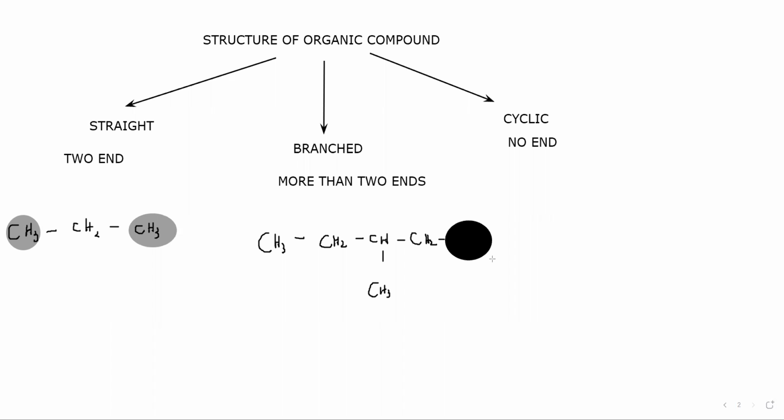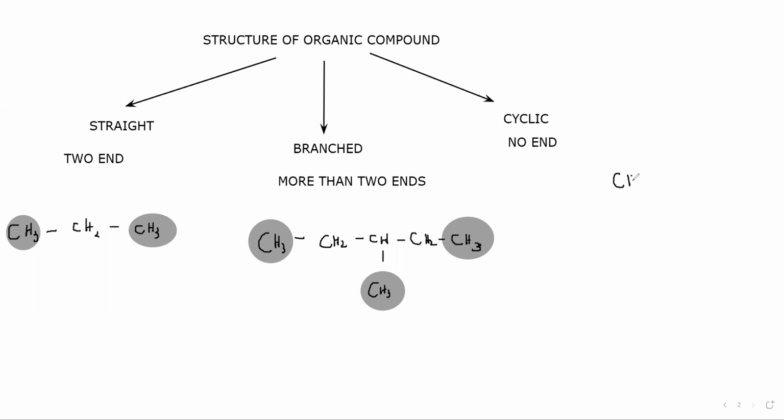This is one end, this one is a second end, and this one is a third end. So you can see three ends are there. If more than two ends, we call that a branched structure. And cyclic means there is no end.